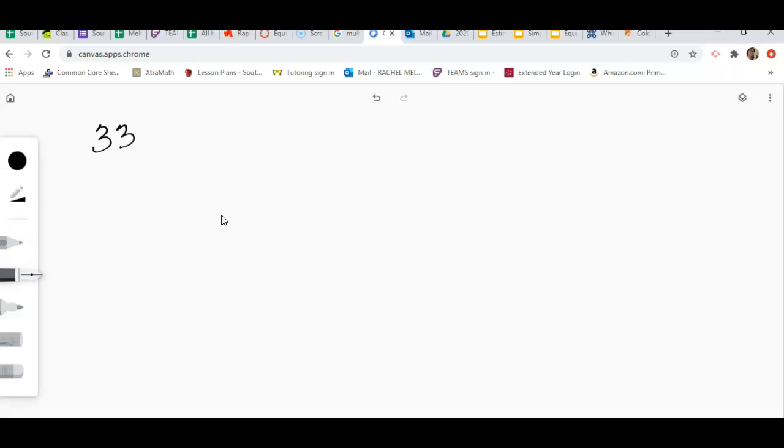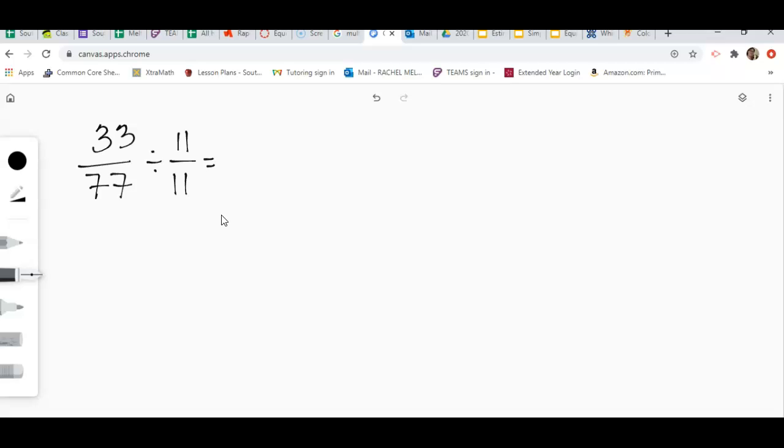If I have 33/77, what do you notice right off the top? I noticed that I know both of these numbers can be divided by 11. And so because of that, I'm just going to go ahead and start dividing by 11.